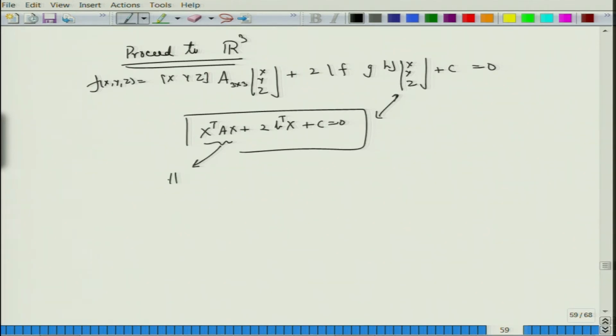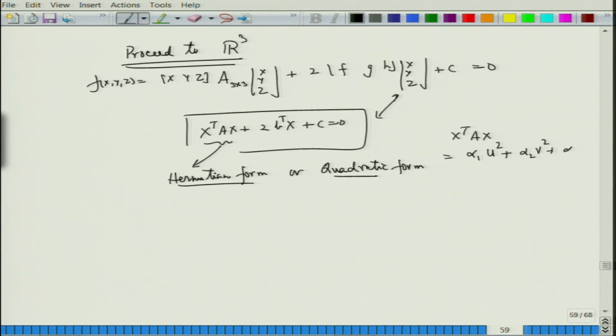So, look at this Hermitian form, or the quadratic form, whatever you want to call it: Hermitian form over complex, quadratic form over real numbers, and so on. Write x transpose A x as alpha 1 u square plus alpha 2 v square plus alpha 3 z square, where u, v and z are linearly independent linear forms.